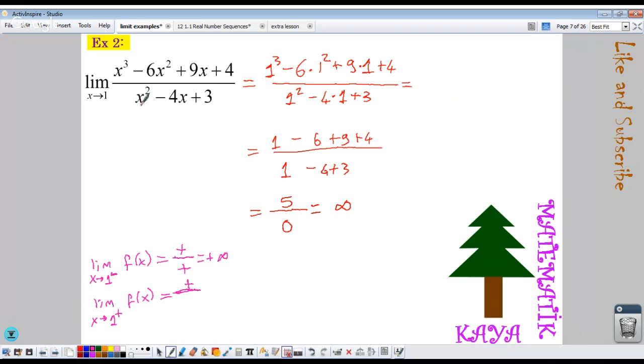If I put something bigger than 1, like 1.1, or let's say 2, approaching 1 from the right side. So what happens? 2 squared is 4, 4 times 2 is 8. So 4 plus 3 is 7, 7 minus 8 is minus 1, so negative result. What if we try 1.1?